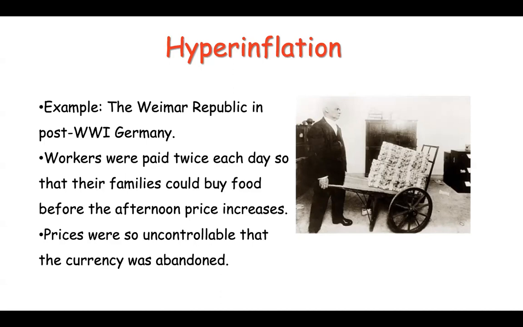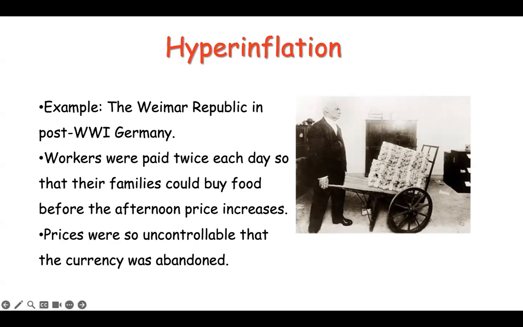As soon as you get paid, you have to run to the supermarket to buy goods, because if you waited until the afternoon, your wage would lose its purchasing power. Imagine being paid with something that is losing value at a really fast rate. As soon as you get paid, you just want to get rid of it.